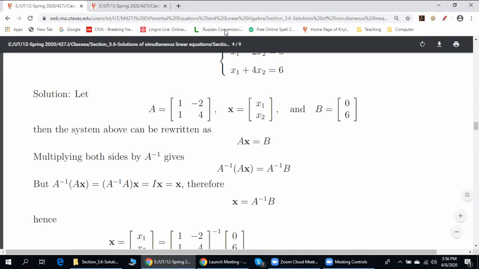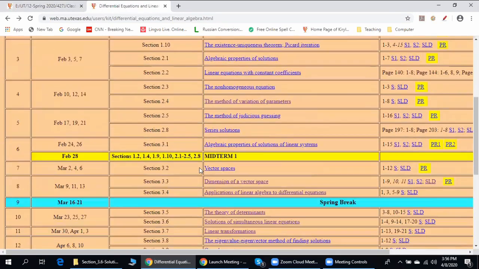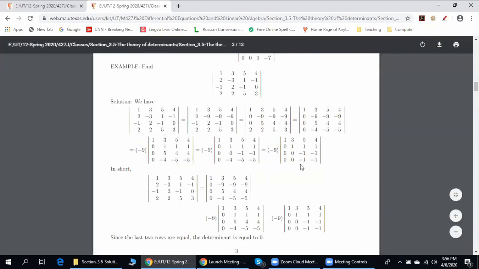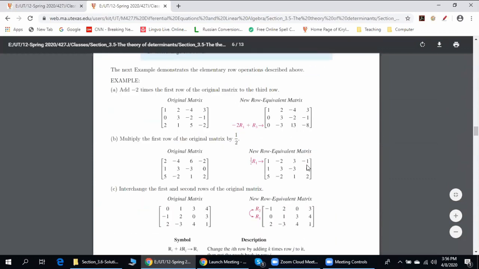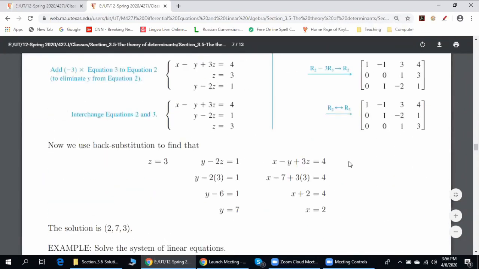I think I know how to answer your question. Your question will be answered in section 3.7. Here's what I mean. Let us go back to section 3.5, where we discussed how to solve systems of equations.